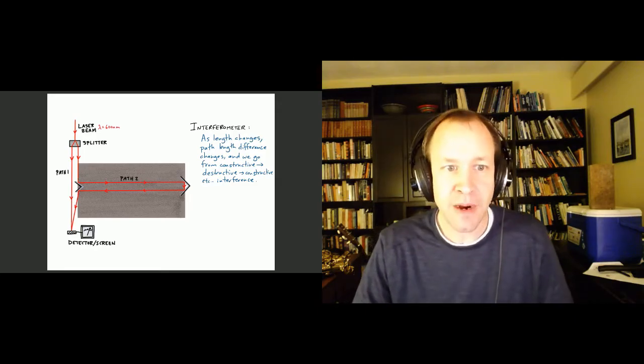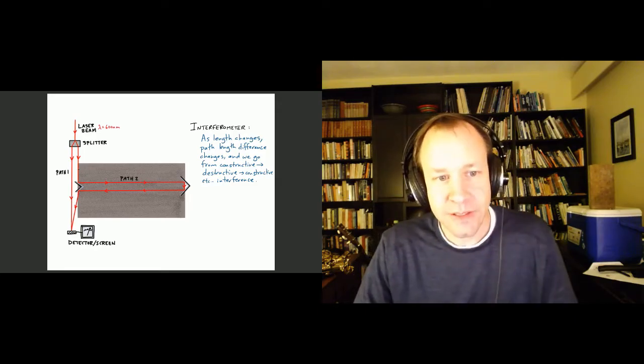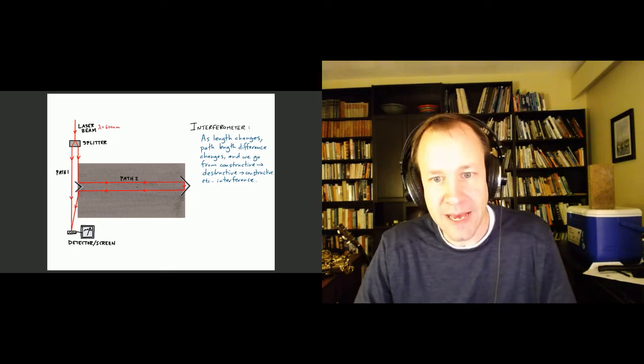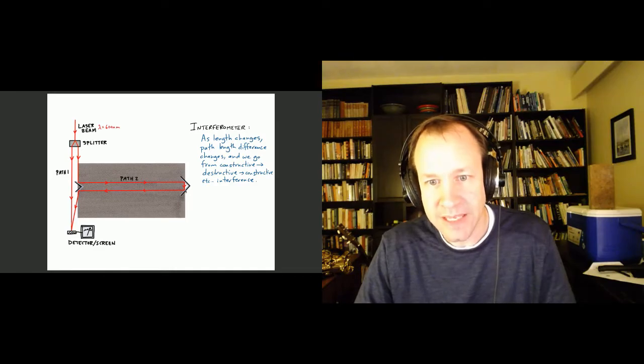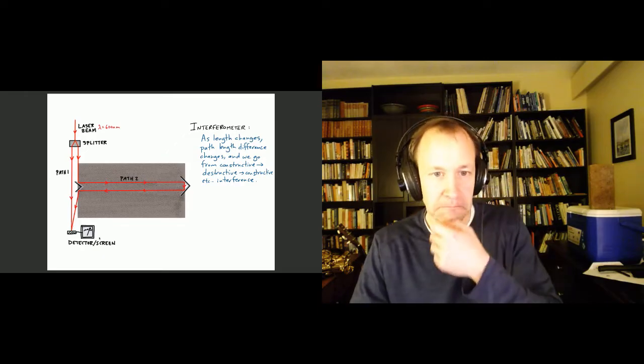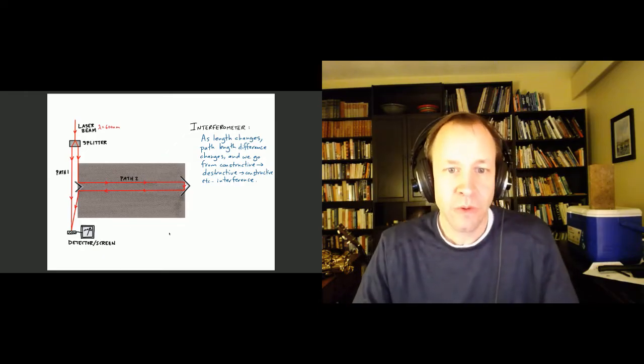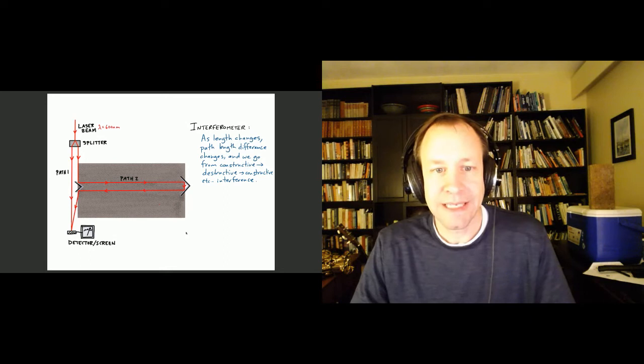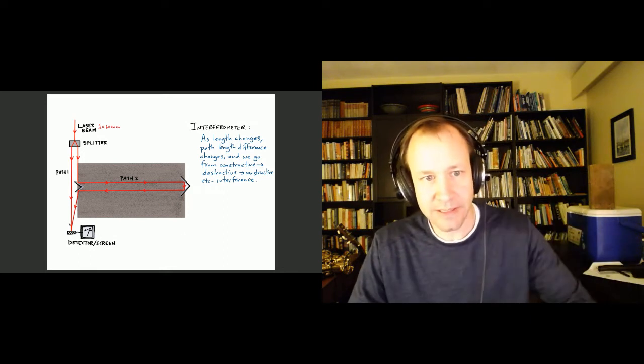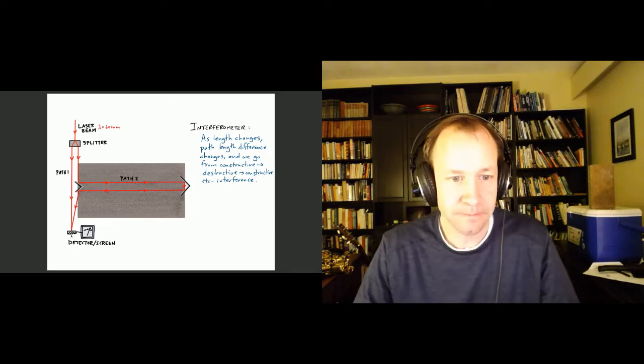But then the other part I've arranged to travel on this other path using mirrors. I bounce it from one end of the brick to the other end of the brick, and then it bounces back, and then it goes into the detector. And so what we're going to do is just observe the combined signal of these 2 lasers at the detector.